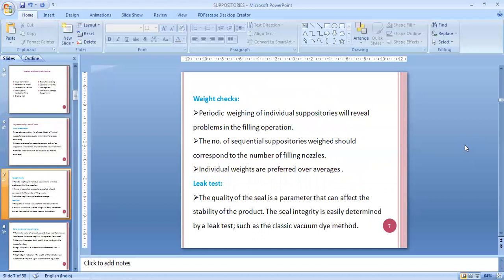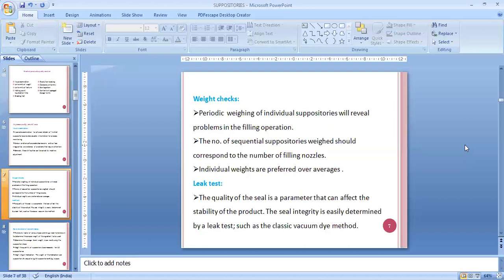Then weight checks. Periodic weighing of individual suppositories will reveal problems in the filling operation. The number of sequential suppositories weighed should correspond to the number of filling nozzles. Individual weights are preferred over averages.